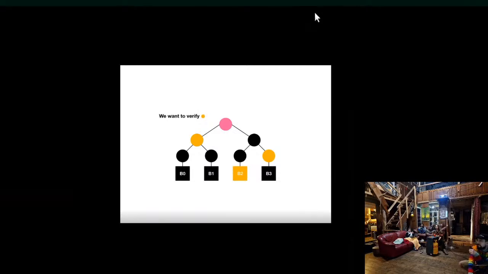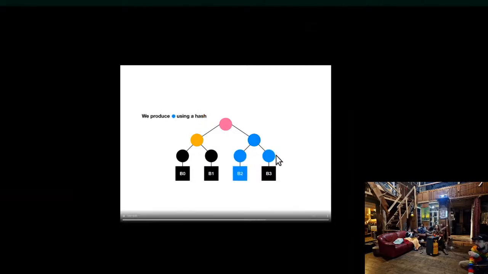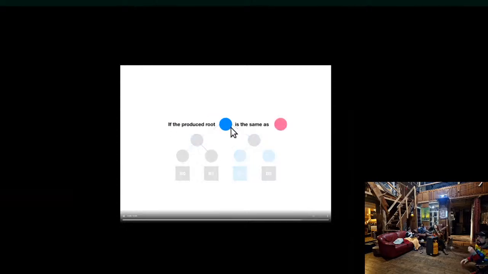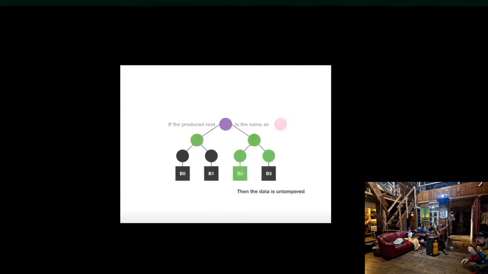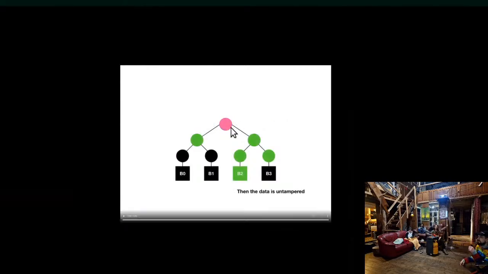Right, and if somebody requests a block, you can hash that block, and if they also provided you with those hashes here, you can take those, hash them together, and see if you get the same root hash. And if this root hash that you calculated is the same as the initial one that you had, then the data has not been tampered with.